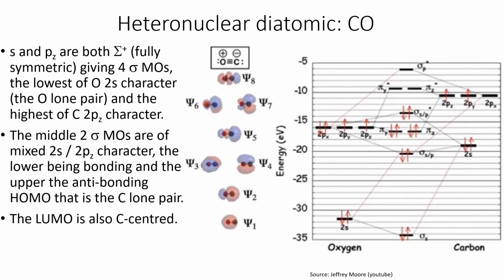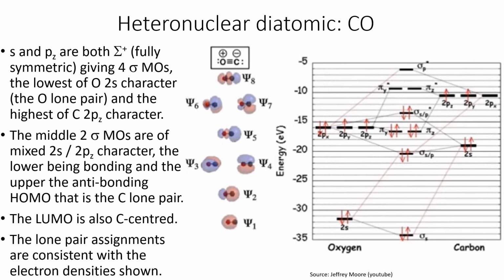So that increases the bond order, if you like, of the carbon to transition metal bond. So as you can see there, the lowest molecular orbital, with very much the oxygen 2s character, is the oxygen lone pair, and the carbon lone pair is the HOMO.